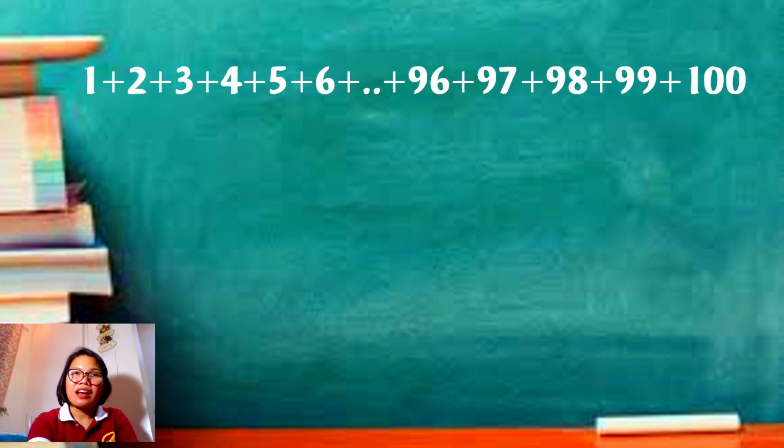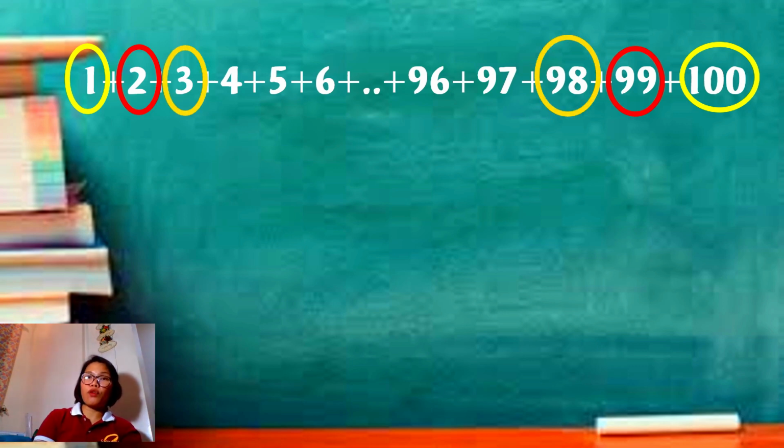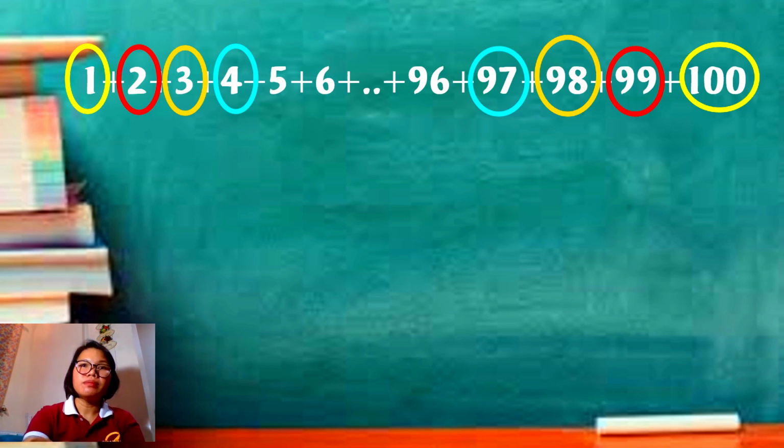Kaya, ang tanong, ilang pairs kaya ang magagawa natin from 1 to 100? 50. Tama. Ang magkakapartner ay 1 at 100, 2 at 99, 3 at 98, 4 at 97, 5 at 96, and so on and so forth.